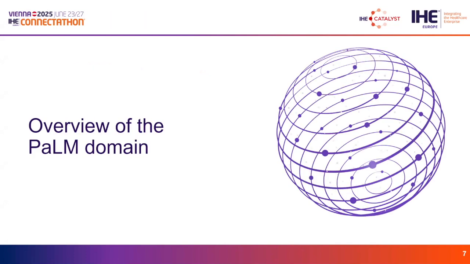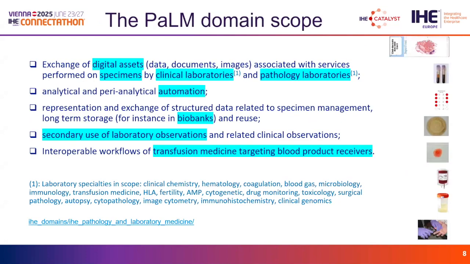So first of all, the PaLM domain scope is pretty much any digital assets within the laboratory domain around tests performed on specimens, both in the clinical and the pathology laboratories. It includes the automation piece within the laboratory.